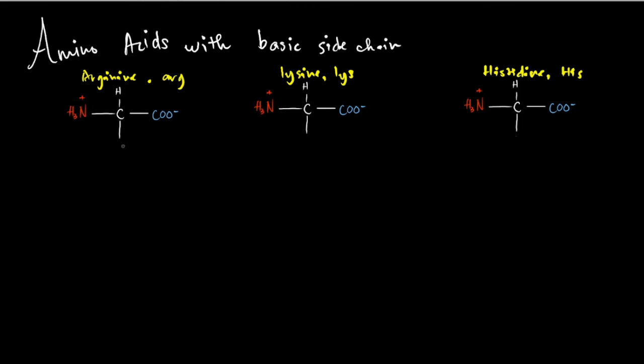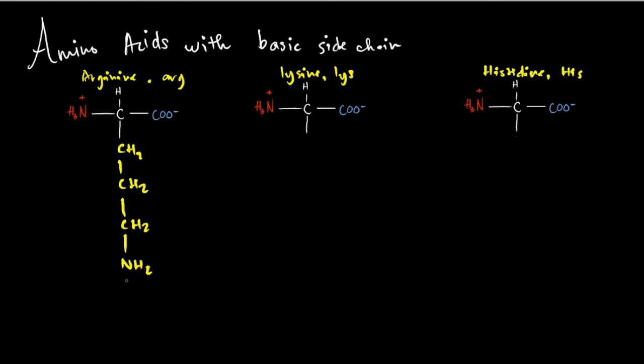So for arginine, we actually have three carbon atoms here. We have CH2, CH2, then CH2. Pardon kung medyo hindi niyo ako naririnig at biglang lumakas yung ulan. But we have here our amine, our NH2.